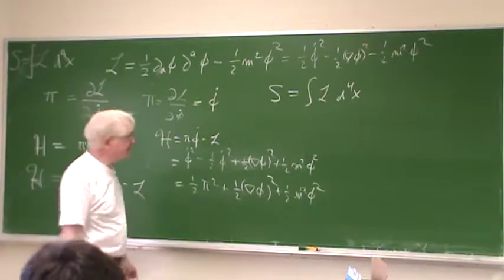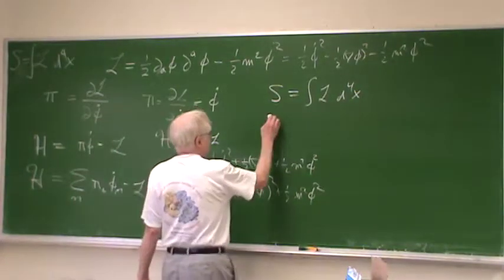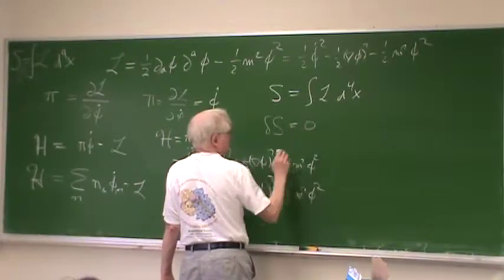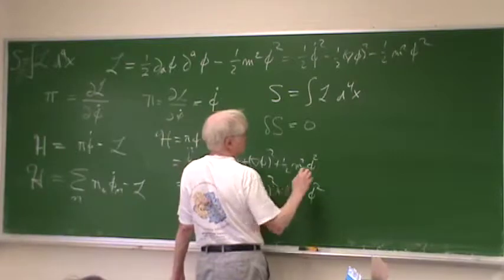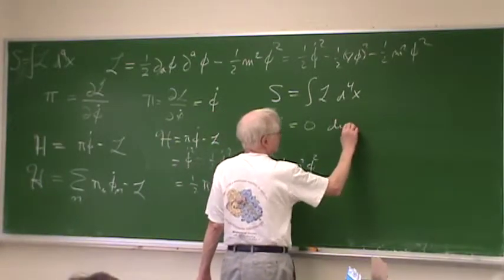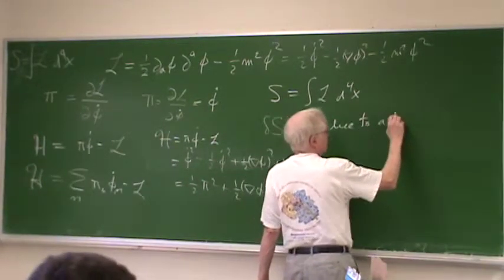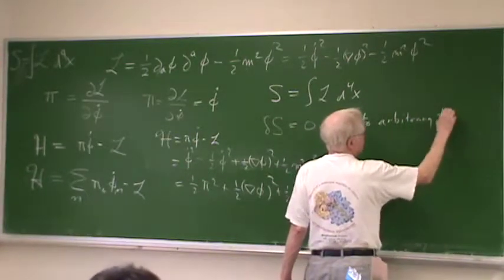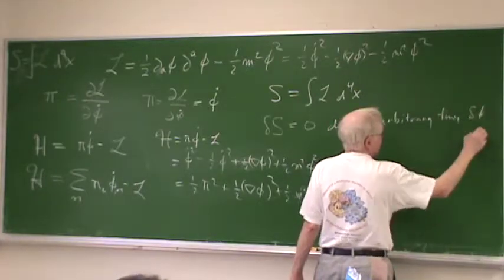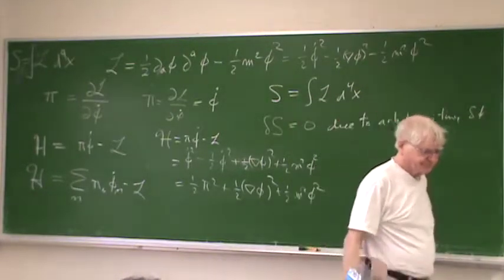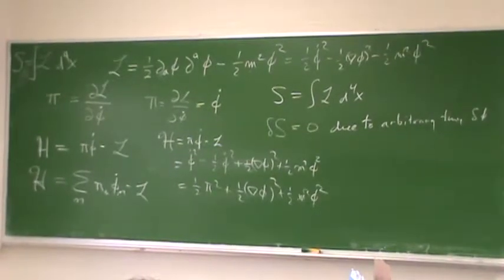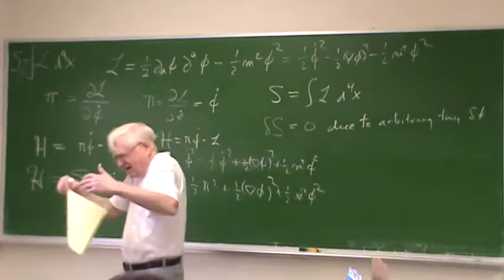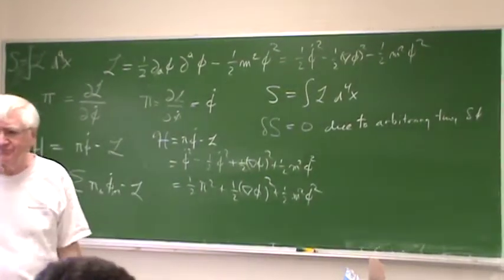All right, now what we're about to do is the principle of stationary action. What does that mean? That means that the first order change in the action is zero. So this is the first order change due to arbitrary tiny delta phi's. And what we're going to say is these delta phi's are arbitrary, but they vanish outside of some space-time volume.